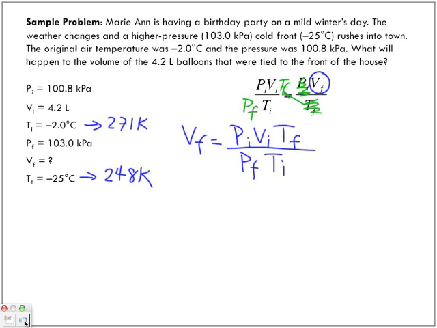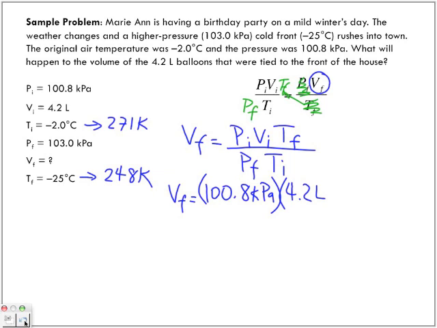So all we're going to do now is just substitute our numbers into each one of those letters. So VF equals, so what's our PI? 100.8 kilopascals. Now my advice to you guys, keep the units there, because we're going to see how we're going to cancel out the units as we work mathematically.